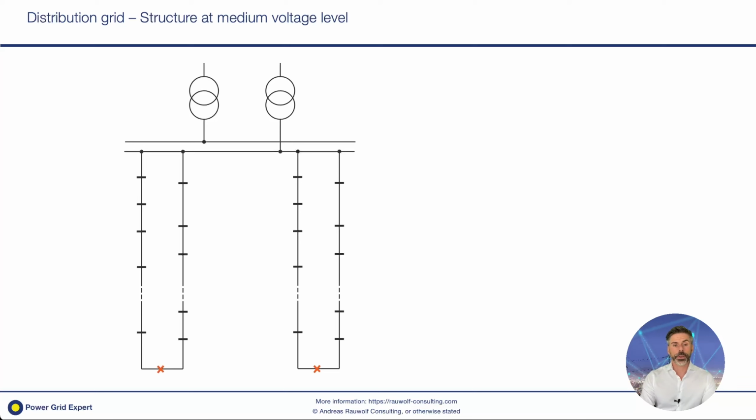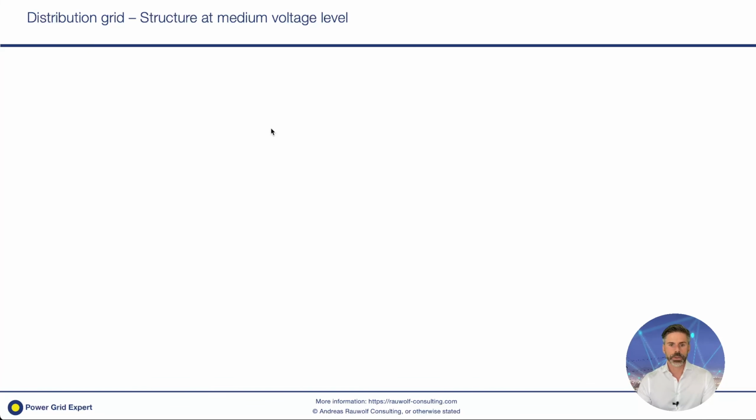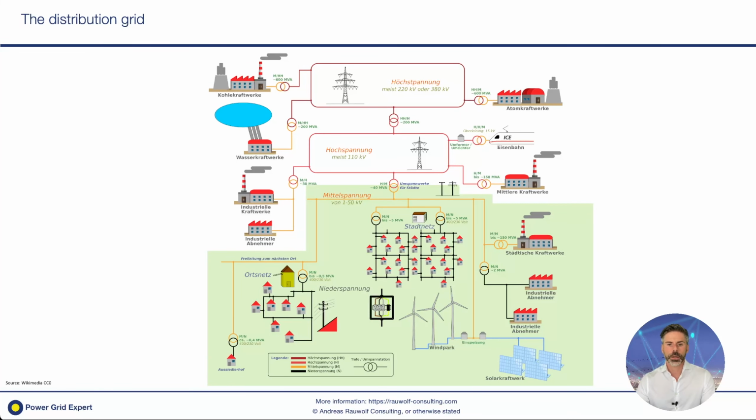Let's have a look at the general structure at medium voltage level. So if we go one step back, we are actually now looking at that point here at the power transformer from high voltage to medium voltage, and this bus bar here and the feeders going out here to different regions, to different customers.